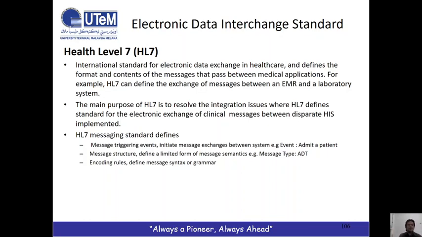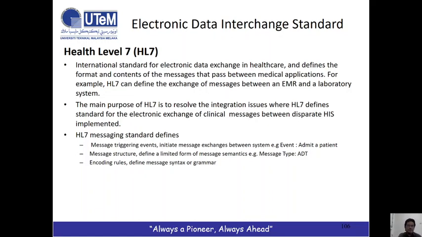The main purpose of HL7 is to resolve the integration issue, where HL7 defines the standard for the electronic exchange of clinical messages between disparate systems implemented. The HL7 messaging standard defines the message triggering event, message structure and encoding rule.